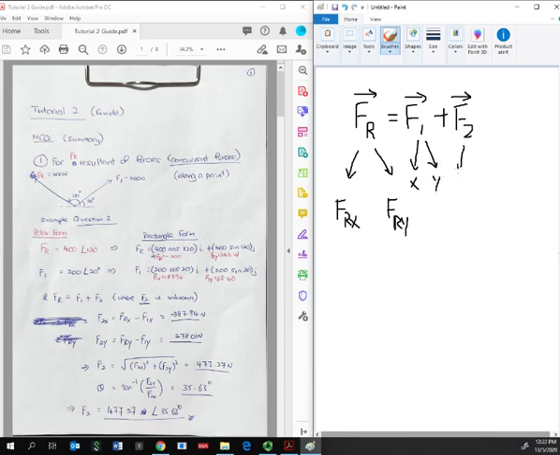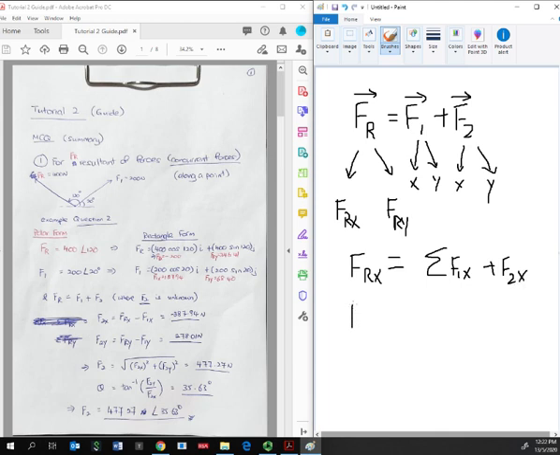The important thing is that my FRX will be the sum of F1x plus F2x.